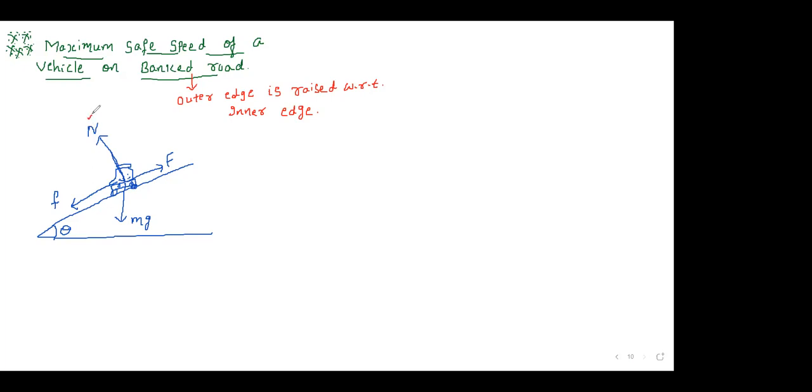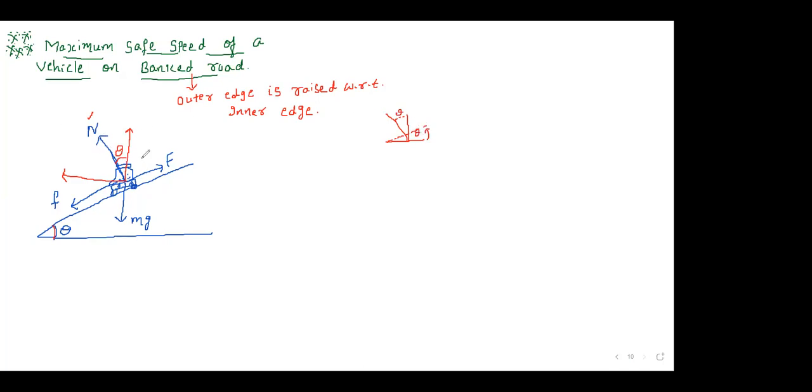Now, we can resolve this N into two components. This is the vertical component. This is the horizontal component. If this is theta, the y-axis is also tilted by theta, right? If I rotate this horizontal by theta, then this vertical is also tilted by theta.